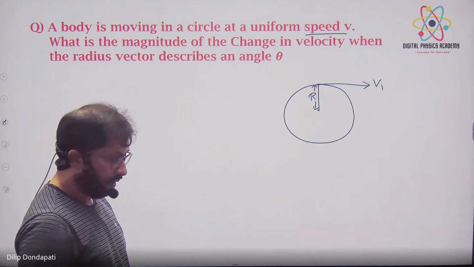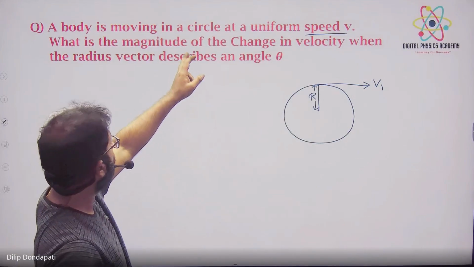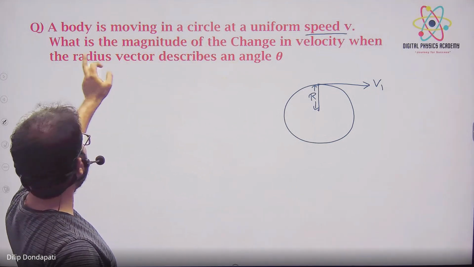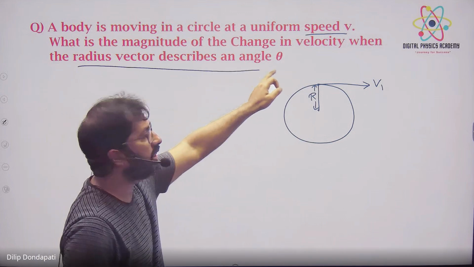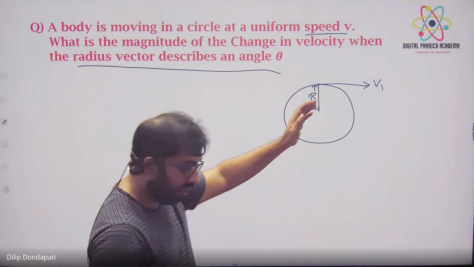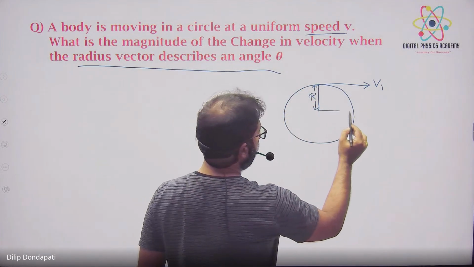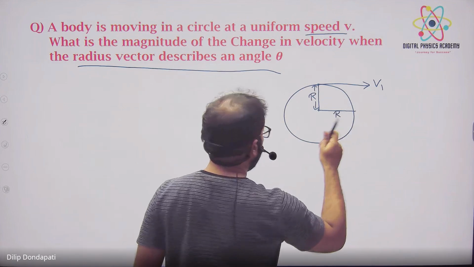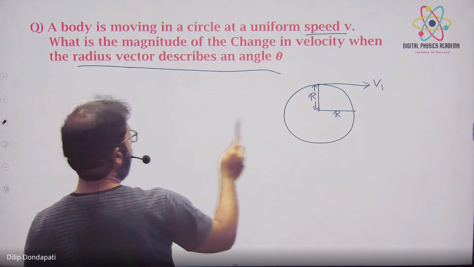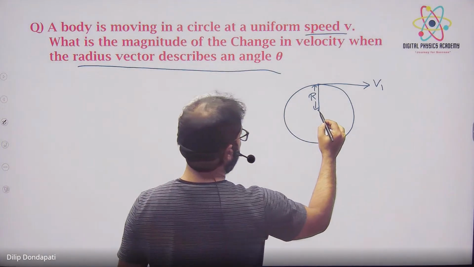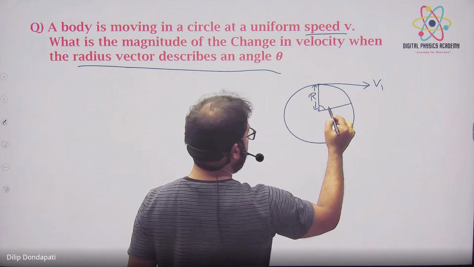Okay, when the moving particle has speed v, what is the magnitude of change in velocity when the radius vector describes an angle theta? Suppose the radius vector came up to here, and this is the angle theta.